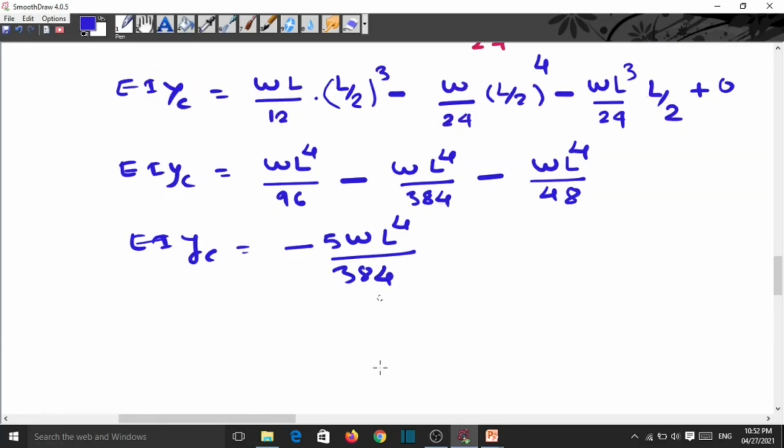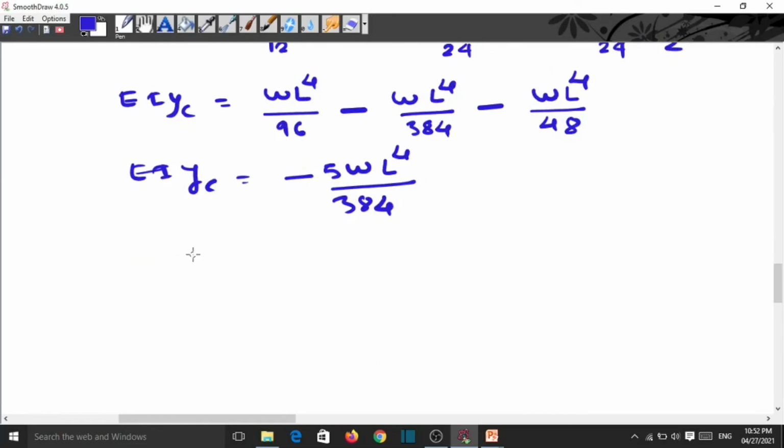So final YC is equal to minus 5 WL raised to power 4 by 384 EI.